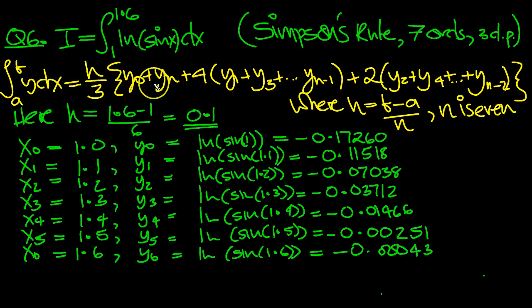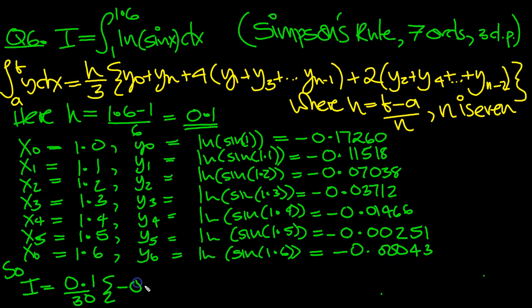Okay, then there's our values. Now we need to put them into the formula. So the integral equals, according to Simpson's rule, h over 3, 0.1 over 3, times the first value and the last added together, so that would be this one and this one.